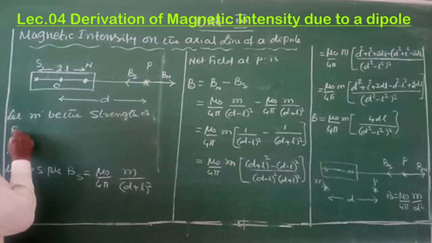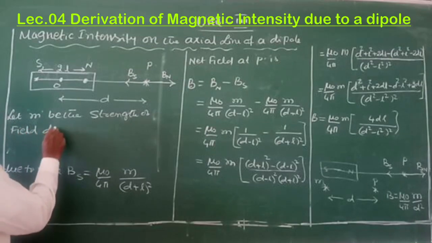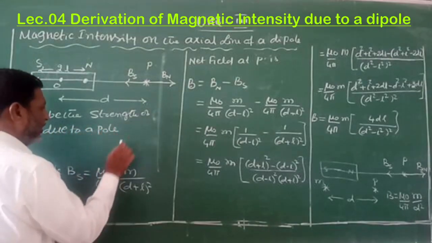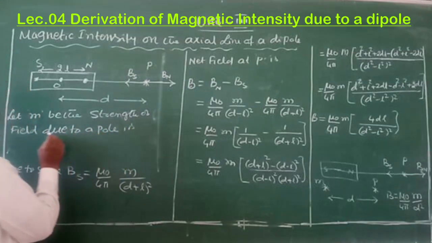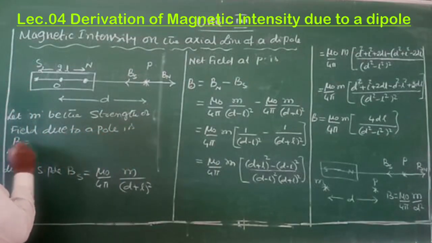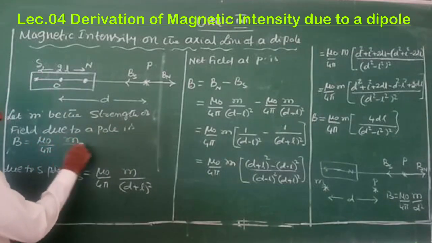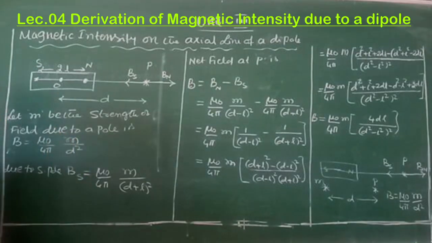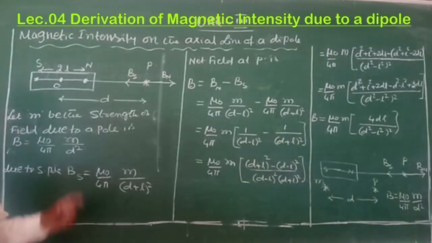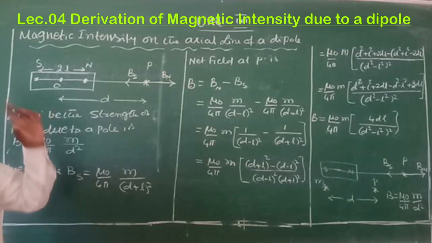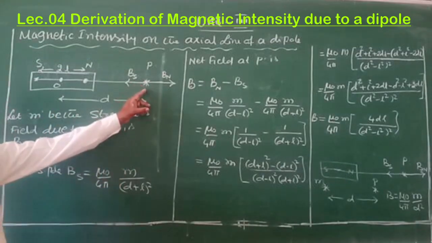The field due to a pole is B equal to mu naught divided by 4 pi, M divided by D square. Here M is the pole strength and D is the distance of the point from the pole.